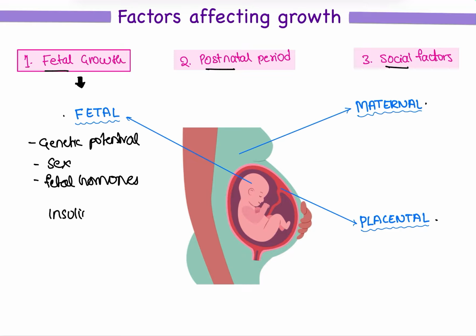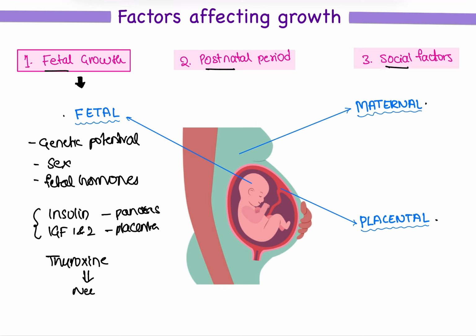There are hormones which are responsible for fetal growth: insulin, insulin like growth factor 1 and 2. Insulin is released by the fetal pancreas. Insulin like growth factor is released by placenta. These are necessary for growth of fetus. Other hormones like thyroxine are necessary for neurodevelopment.